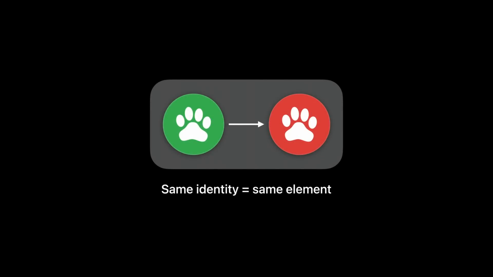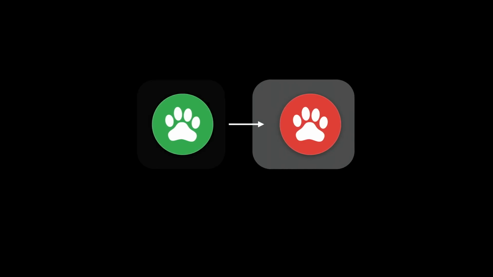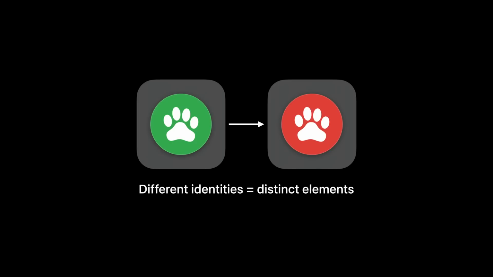So connecting views across different states is important, because that's how SwiftUI understands how to transition between them. This is the key concept behind view identity. Views that share the same identity represent different states of the same conceptual UI element. In contrast, views that represent distinct UI elements will always have different identities.